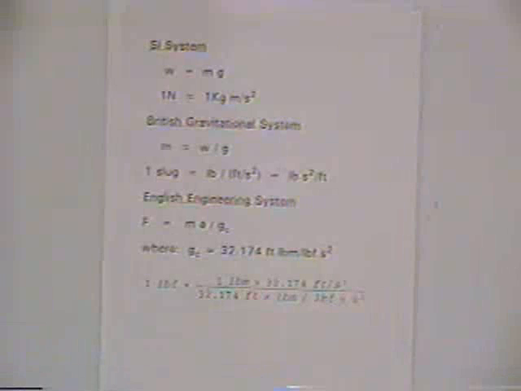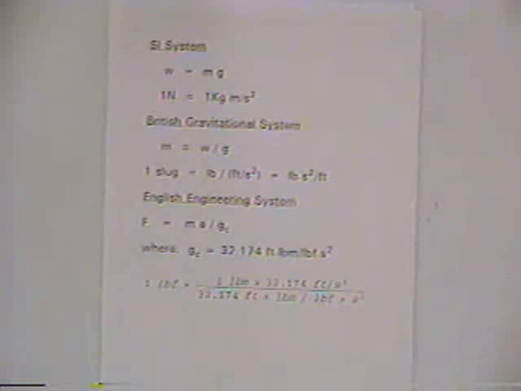So in the SI system, weight is mass times acceleration of gravity, and the weight is in units of newtons, mass is kilograms, and acceleration of gravity is in meters per second squared. So a Newton is, by definition, 1 kilogram times meter divided by second squared.